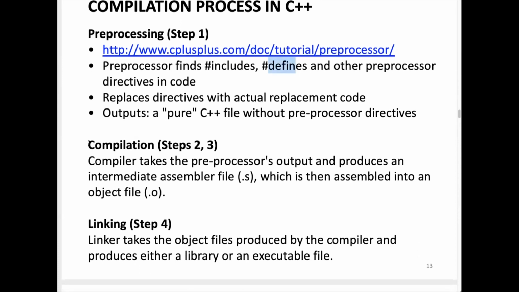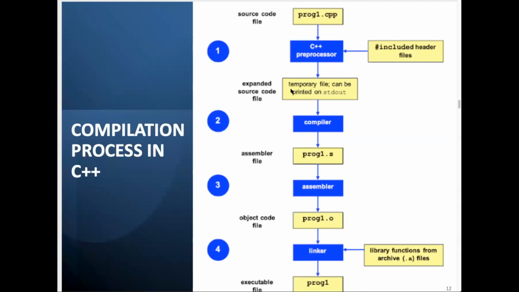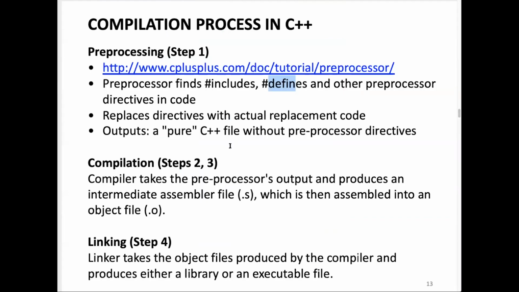The second part is the compilation of steps two and three, which involves both the compiler and assembler. The compilation step is performed on each of the preprocessed files. If there are several of them, it will go through all of these files one at a time. On a pure C++ file, this object file, once compiled, is actually the assembled file.